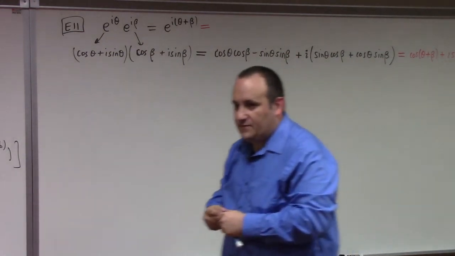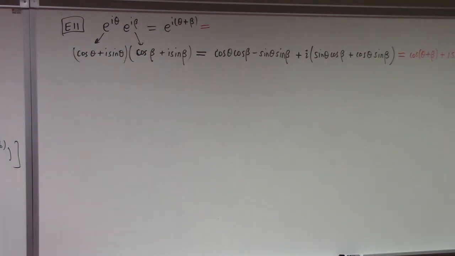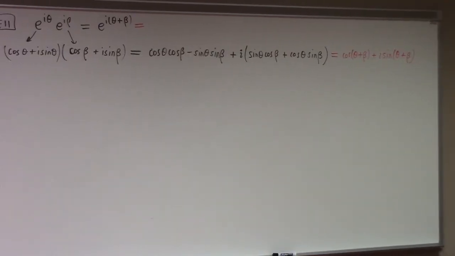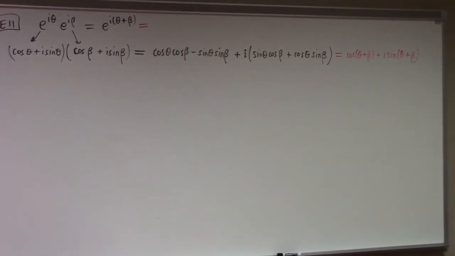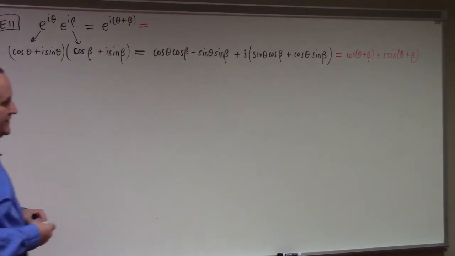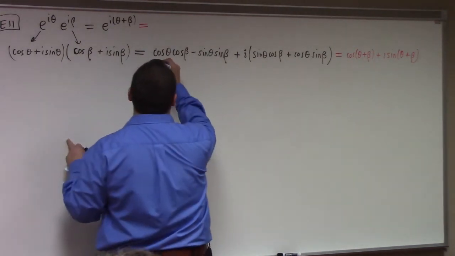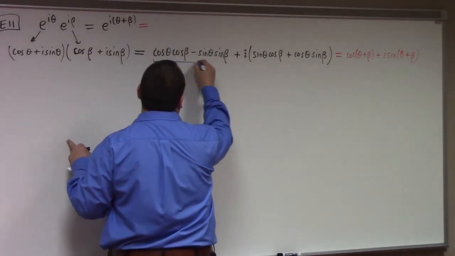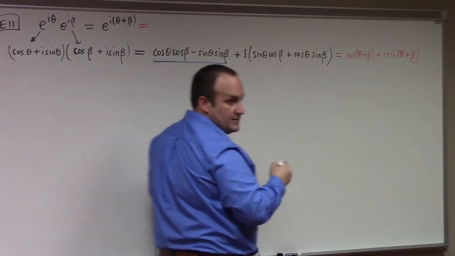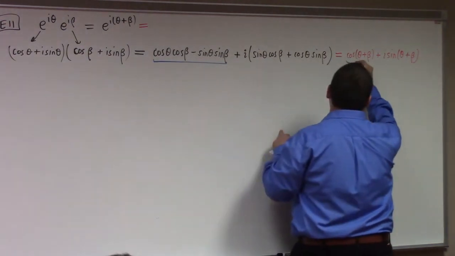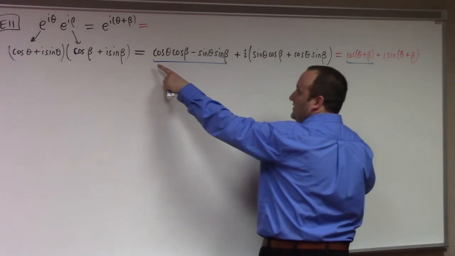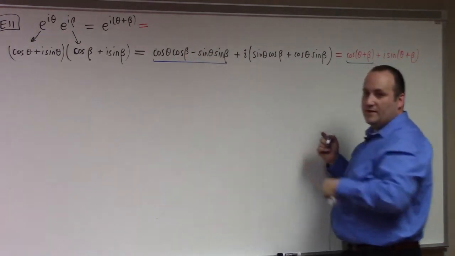I personally found this very helpful when I was at your stage in my education because all of a sudden I had this tool which I could use to remember the adding angles formulas. If I was ever in doubt about how the adding angles formulas for sine and cosine went, I went back to this. Because this is the real part, and this is the real part, which means that cosine of theta plus beta is cosine theta cosine beta minus sine theta sine beta.